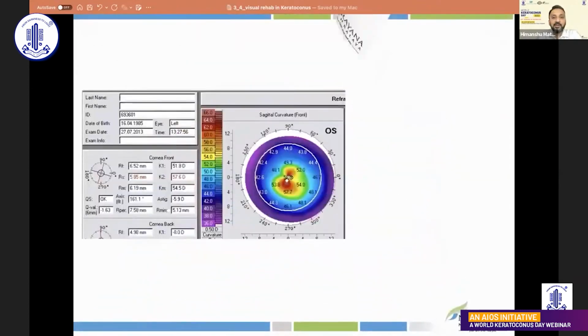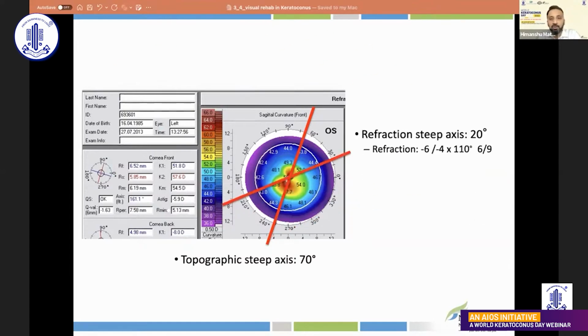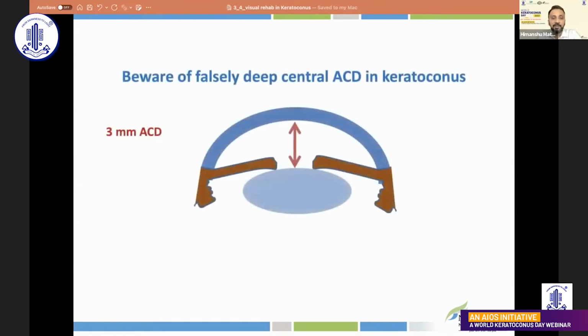But when we evaluate this case further, we realize that the topographic axis, what we can see from here, which is very intuitive and very normal, which looks like 70-degree there, was not matching with the refraction axis, which was far away from there, which was 20-degree. So when there is a mismatch between the objective assessment of keratoconus and the subjective assessment, this may not be the best treatment to offer to the patient.